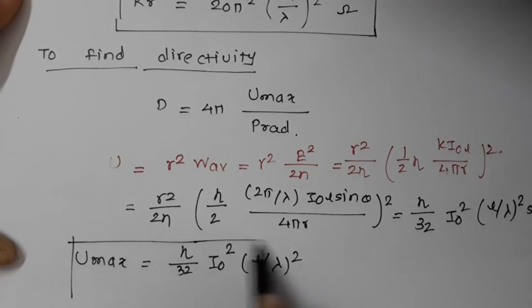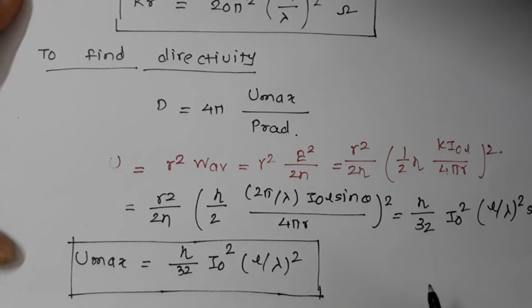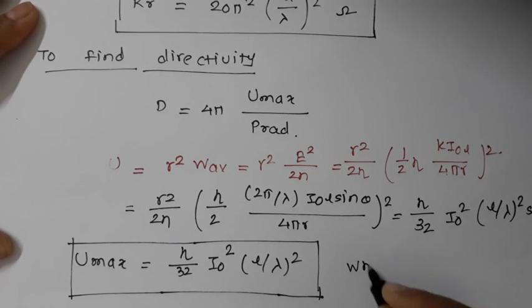So this is the maximum value of the radiation intensity, and I get this when θ is equal to π by 2.